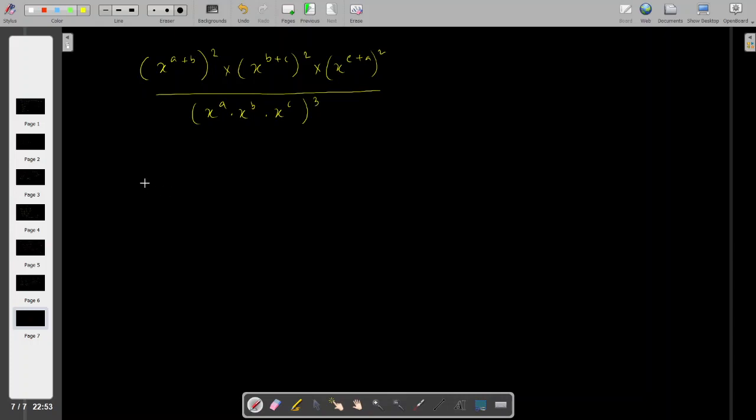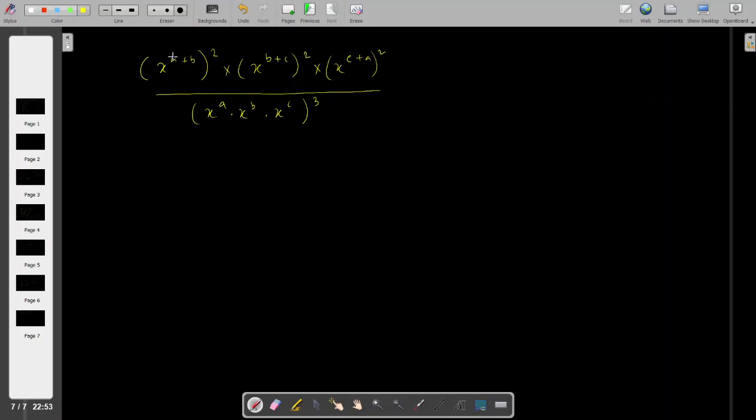So take a look at the question. Here you can see x to the power a plus b whole square and x to the power b plus c again whole square, x to the power c plus a again raised to the power 2.